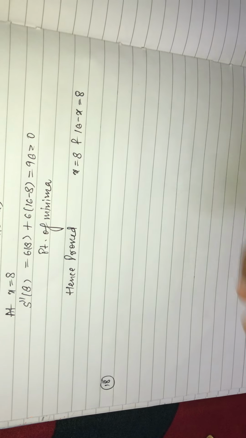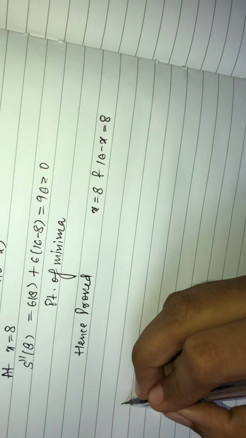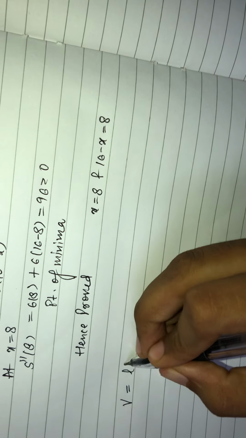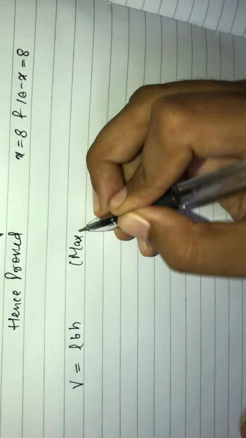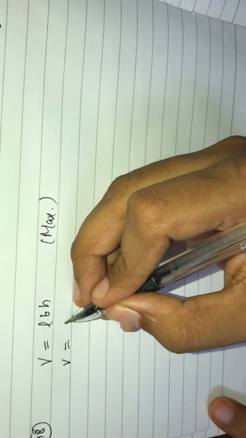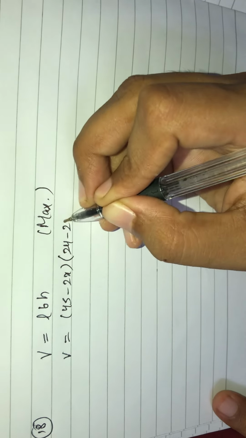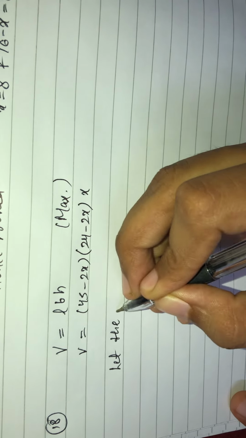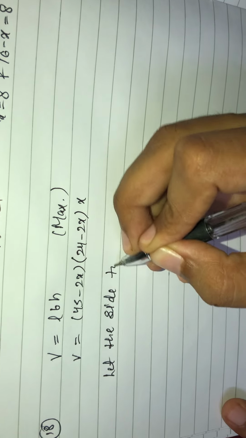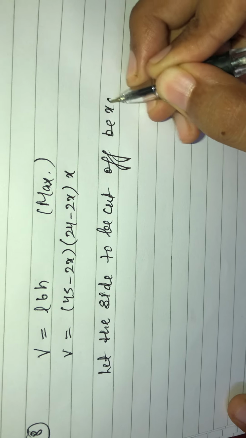Now come to the question. The volume of the cuboid, LBH, we need to make maximum. Firstly, you need to write: let the side to be cut off be x centimeter.